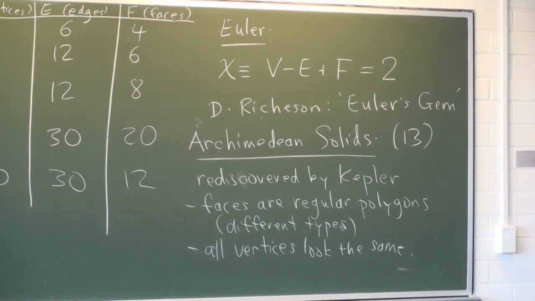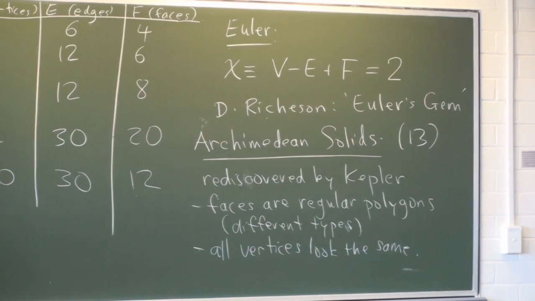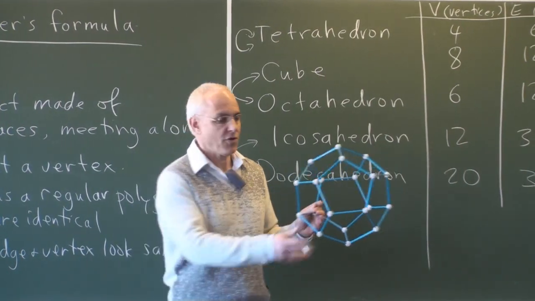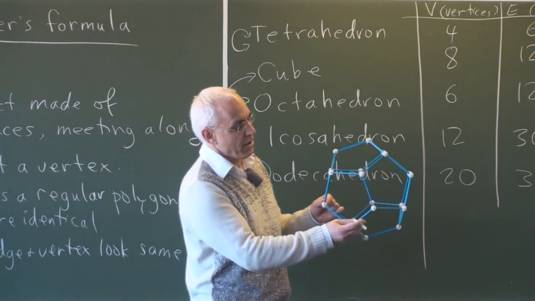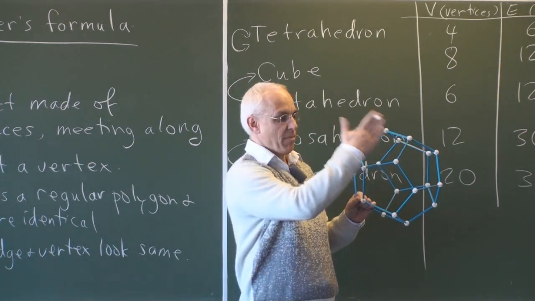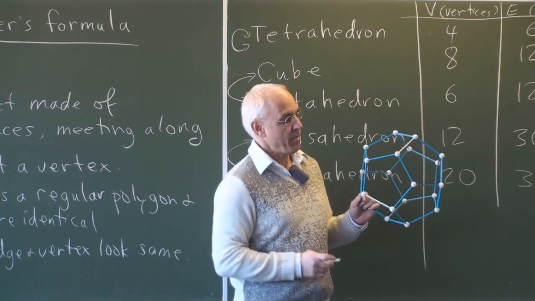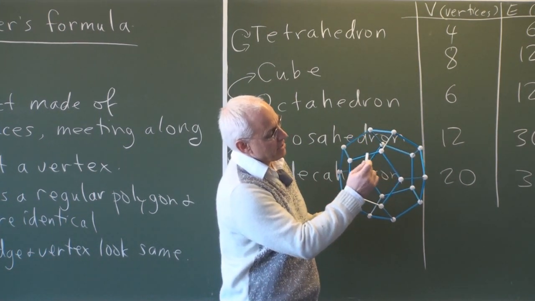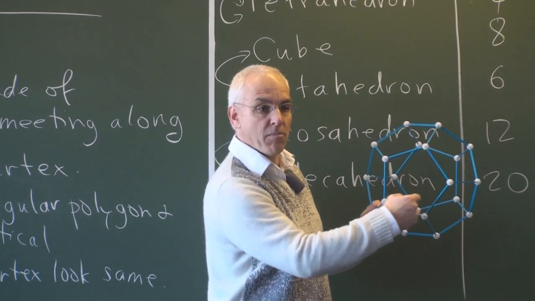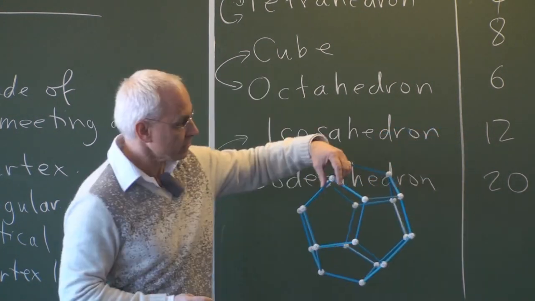Okay. But in any case, where did the Archimedean solids come from? The easy way to think about it is you just take your favorite Platonic solids and you truncate the vertices. Okay, so let's say we take our dodecahedron here, and at each vertex I'm going to chop off a piece, chop off a slice. But I'm going to do it in such a way that the piece that I'm chopping off here is going to form a regular polygon with this one here.